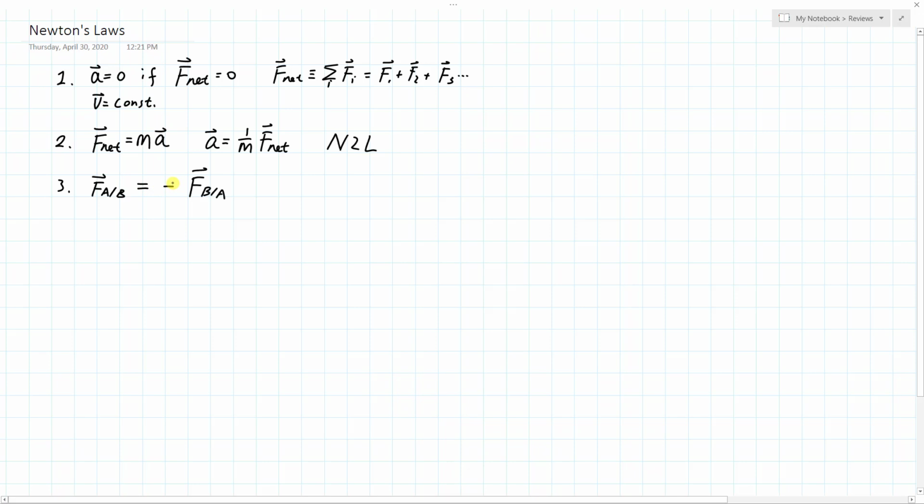So if A pushes B with a force of X newtons in a direction, then B also pushes A with that same amount in the opposite direction.